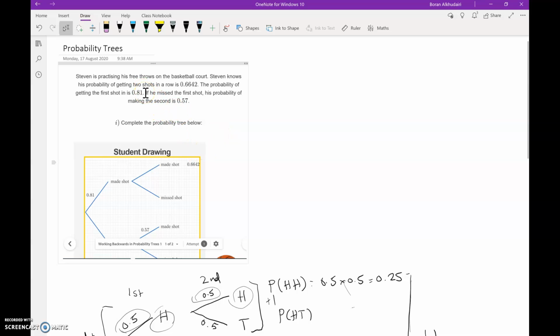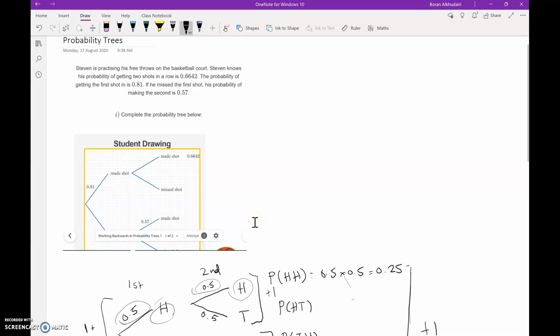So what's happening here is that the probabilities are actually changing as the first event moves on to the second event. The first shot that he makes, there's a 0.81 probability of him making the shot, but if he misses the shot, so we go down here, and I'm sorry it's cut out a little bit, so I'll just write it down.